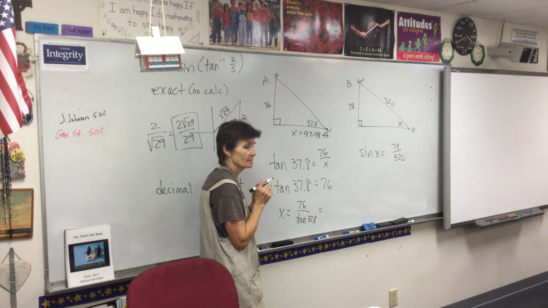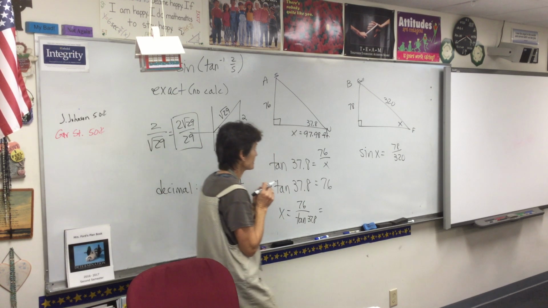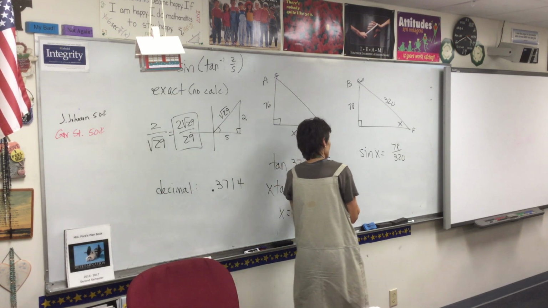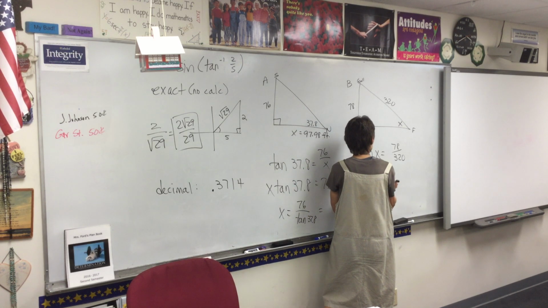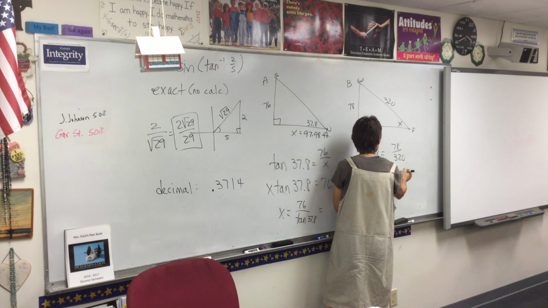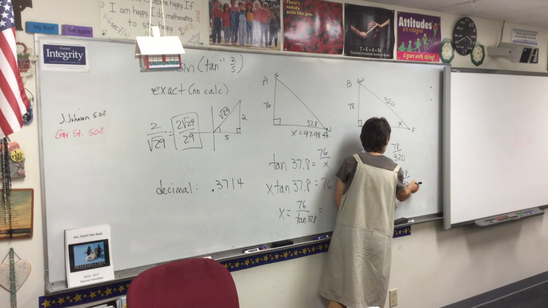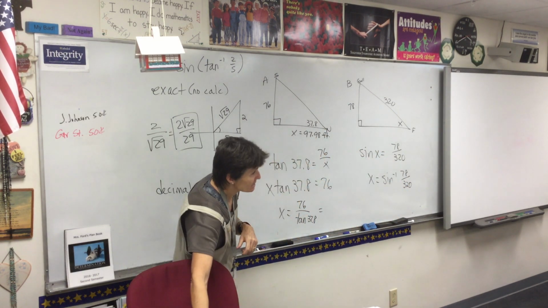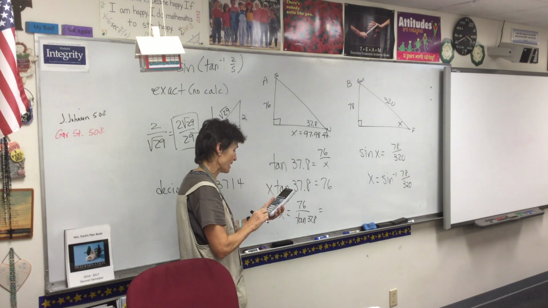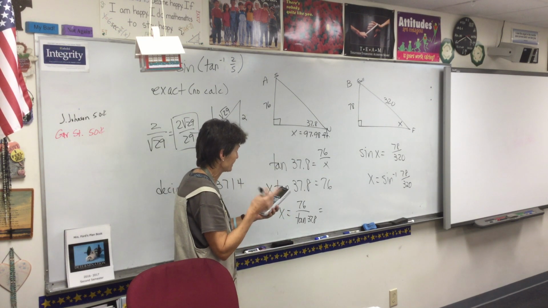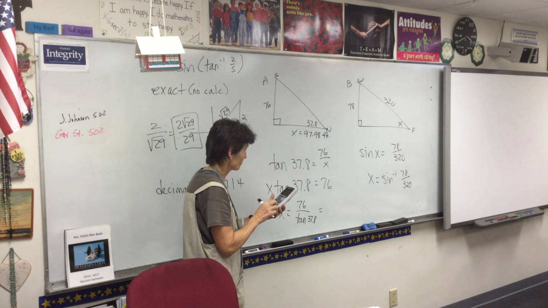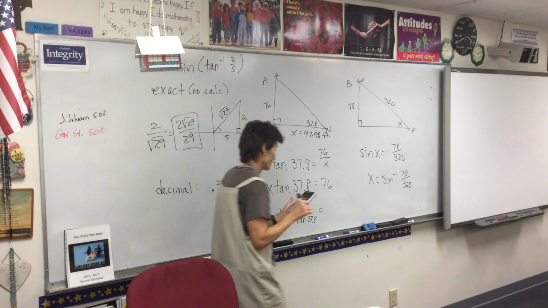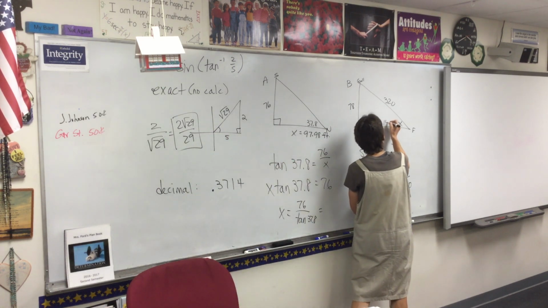Opposite over hypotenuse. And I will then do second sine. Anytime x is the angle, you're going to have to do second something. 14.11 degrees.